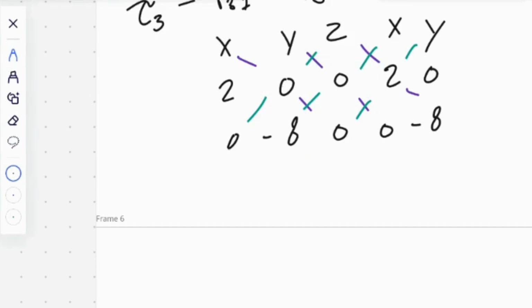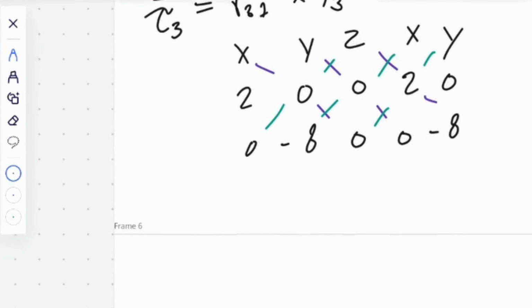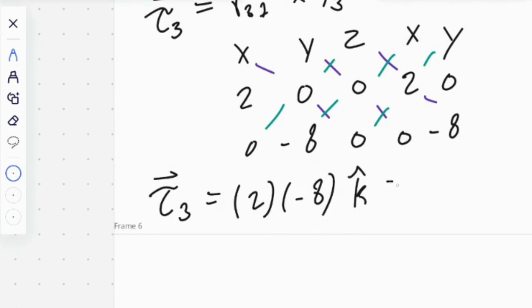Okay, and then we do that cross product. We're going to get our torque number 3 here as 2 times minus 8 in the k-hat direction. So that's going to be minus 16 Newton meters.